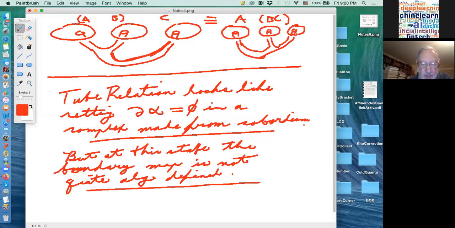Nevertheless, it looks like obtaining the tube relation is like taking cobordisms modulo boundary of cobordisms in some sense. So it looks like one is doing some sort of homology to obtain the right collection of cobordisms.